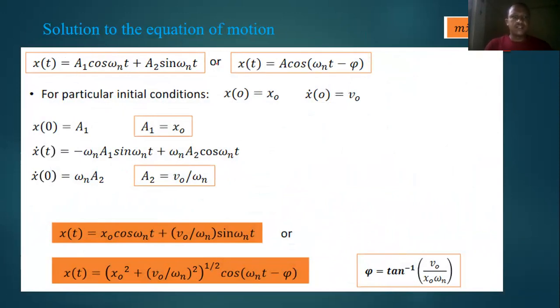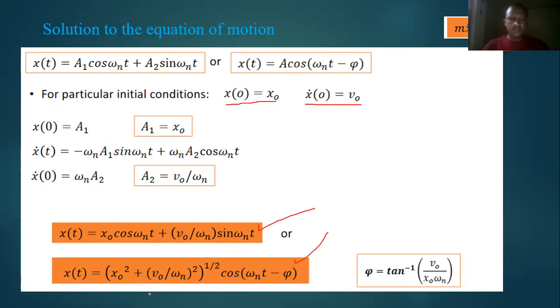Solutions are in this form. This is a similar thing which I have shown you. Now let's apply the initial conditions. When we apply initial conditions, A1 is equal to x naught and A2 is equal to v naught over omega n. So let's substitute it here. This is one of our equations. Or we can represent it in terms of a single cosine function.